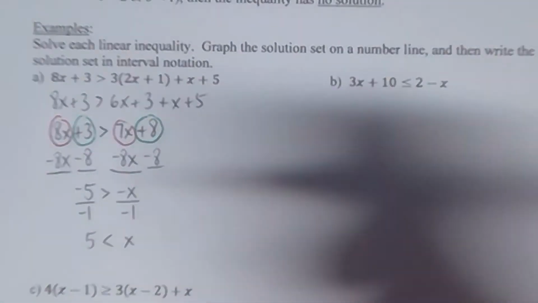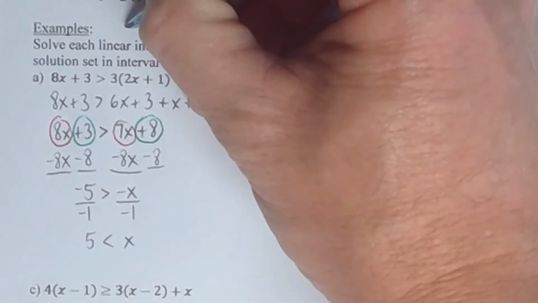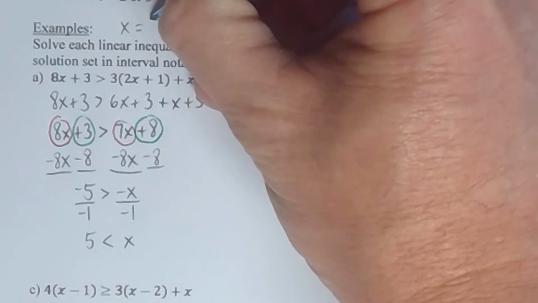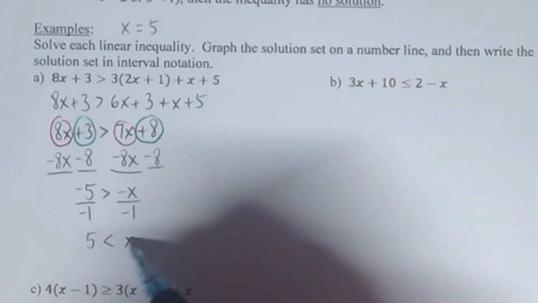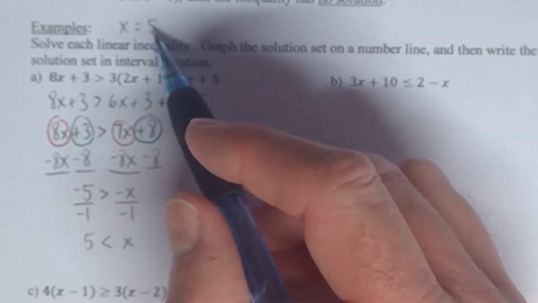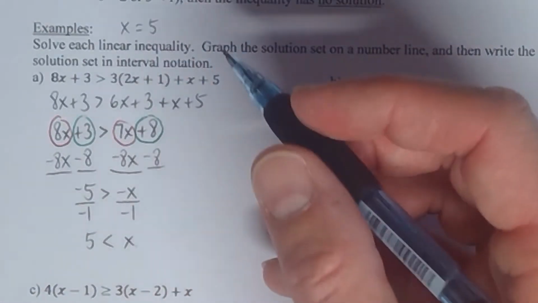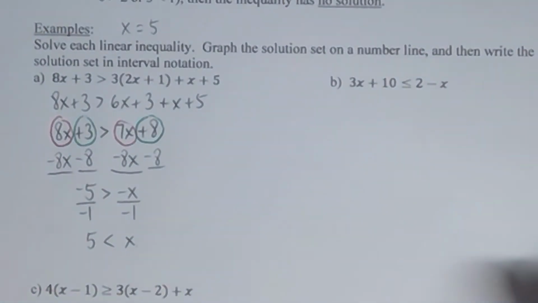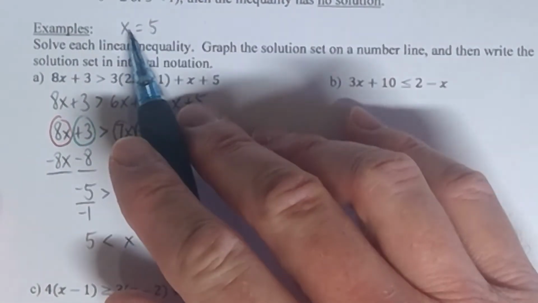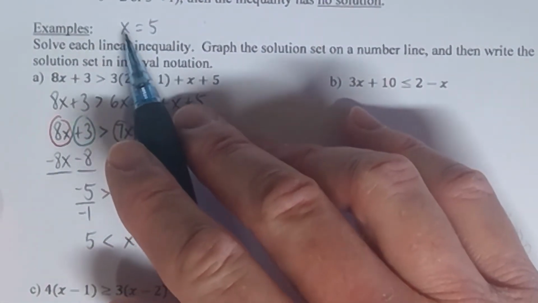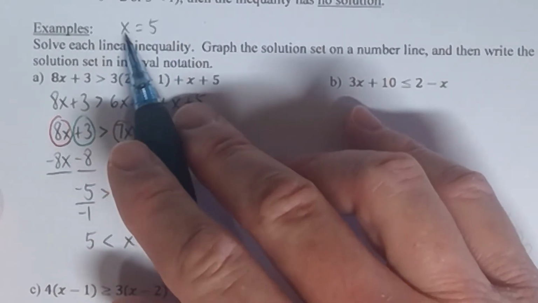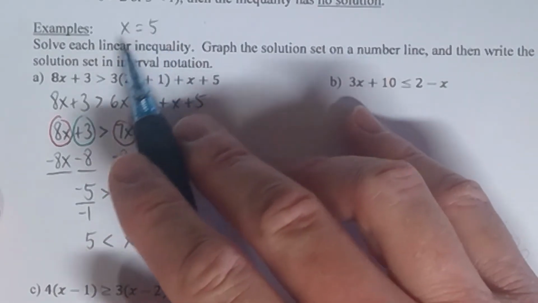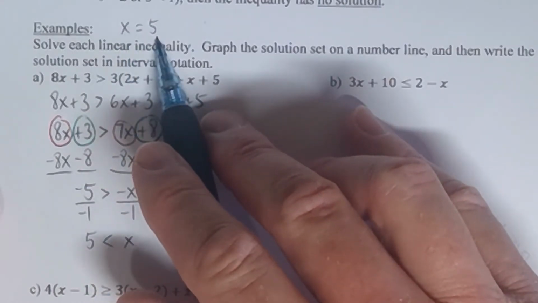Let's say for example, instead of having 5 less than x like this, let's say it was x equal to 5 instead. There's only one number that would be a solution here. Only one number could you plug into this equation that would make it true, and that would be 5. If you plug in 5, it's 5 equal to 5. If you plug in anything else, it's not true.